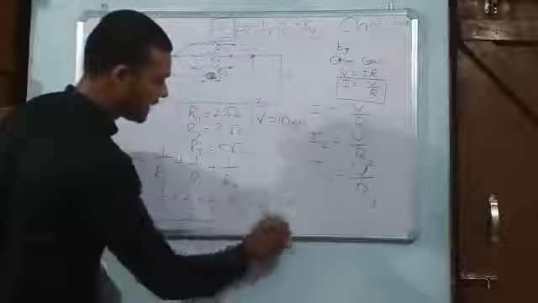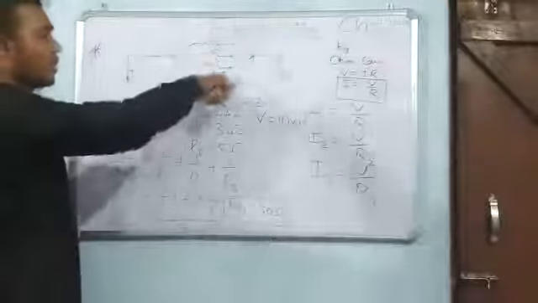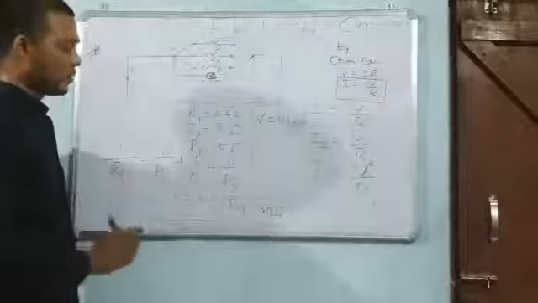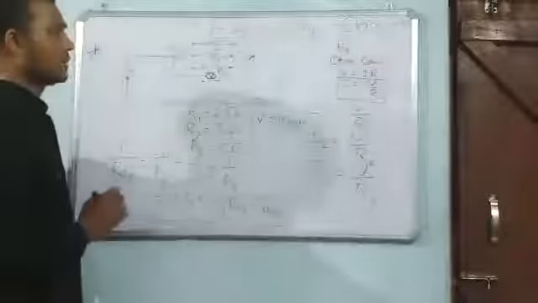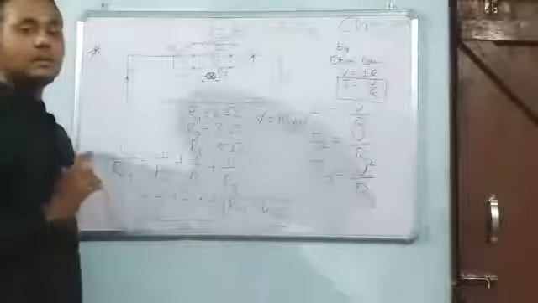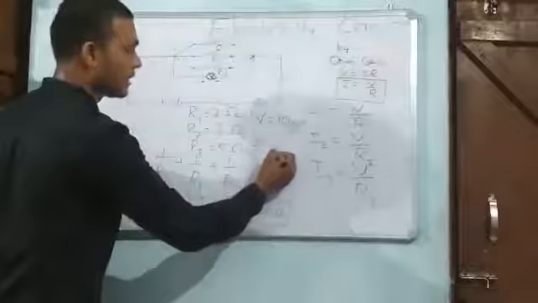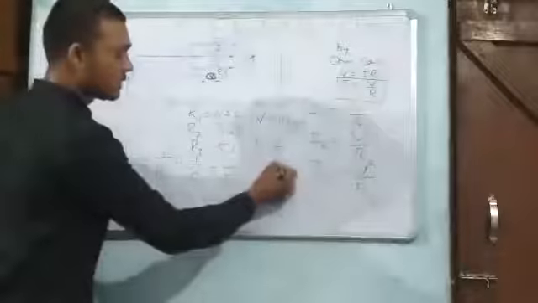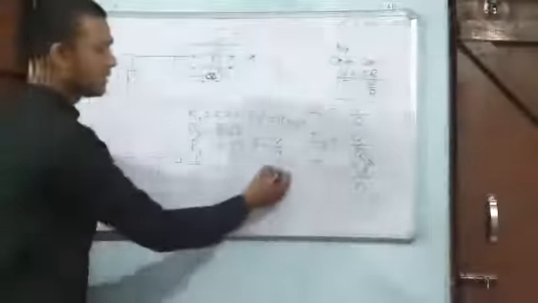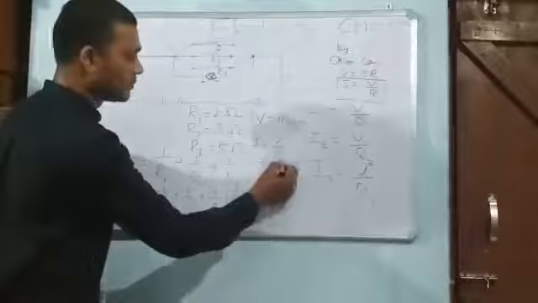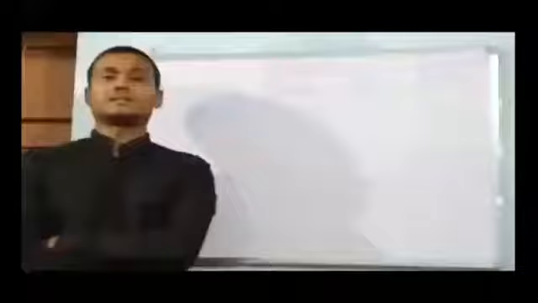So 30 ohm is the equivalent resistance of this entire circuit. So we have R and we have V also. So now the question asks you to find the current. So I equals V upon R. V equals 10 volt and R equivalent is 30 ohm. So 1 upon 3 ampere is the current.